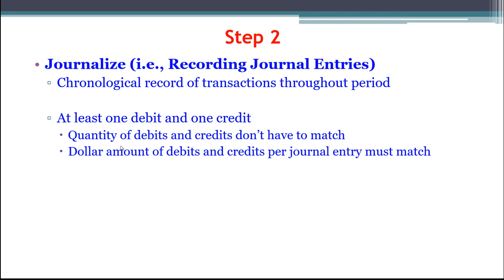This is a chronological record of the transactions that have taken place throughout the period. And the point here is you just know what accounts, for this one transaction, were impacted and were they debited or credited. Now again, we already talked about whether something was increased or decreased. Now we're translating that to a debit or credit, which will make a lot more sense in a few slides when we talk about normal balances.